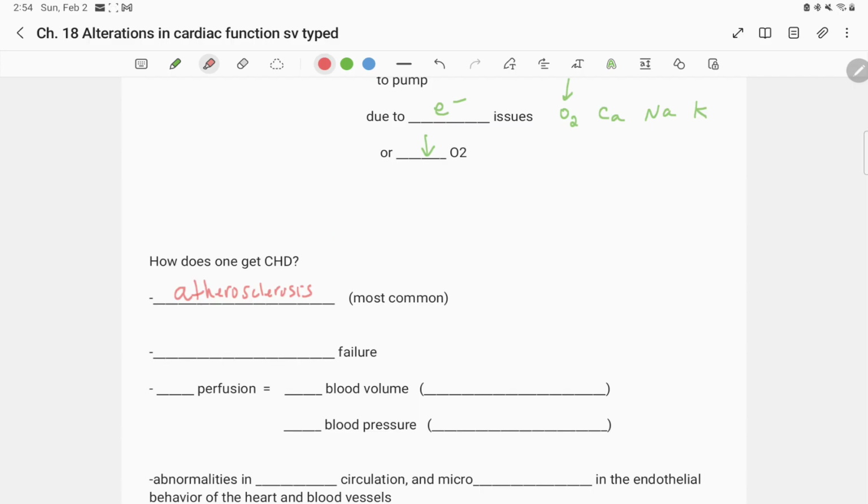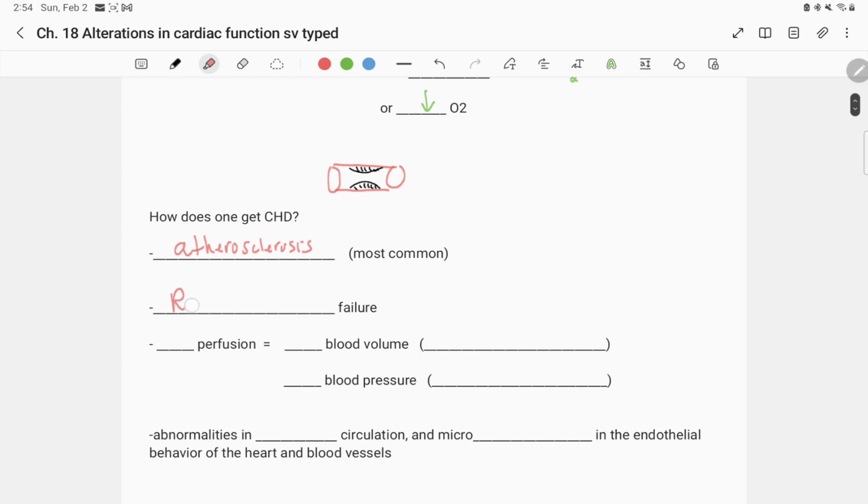And that was that picture we drew earlier of the buildup that can take place inside of a blood vessel or coronary blood vessel, so atherosclerosis.